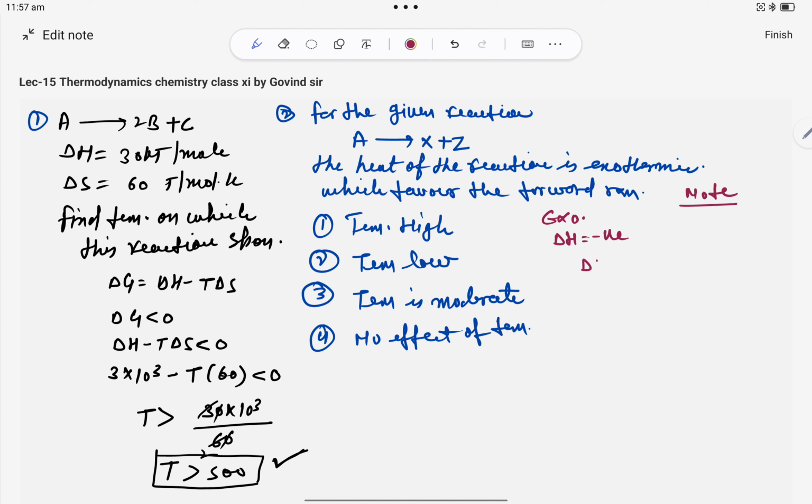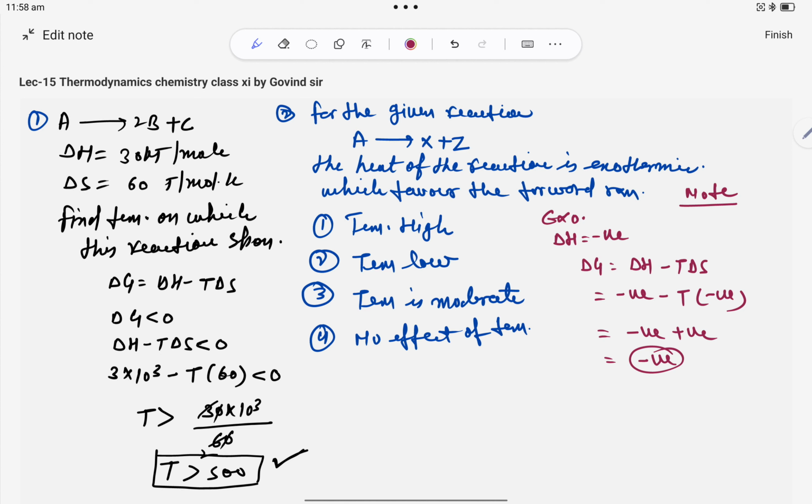So delta G is equal to delta H minus T delta S. Exothermic reaction is what?